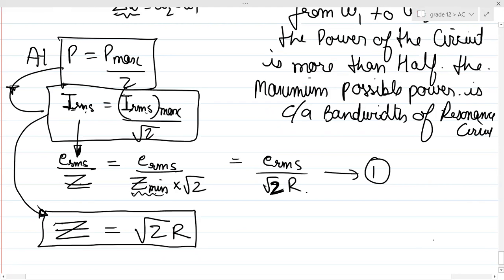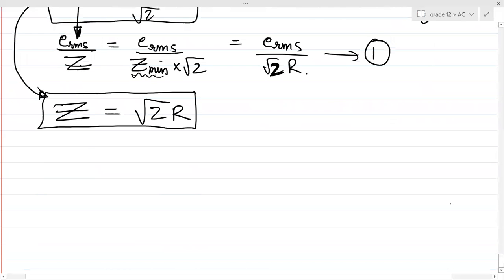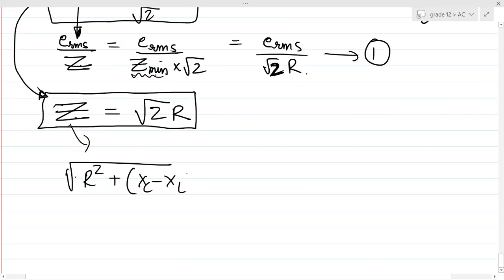So now from here, if I have any circuit, so can I write this thing as Z as under root of R square plus XC minus XL whole square is equals to root 2 times of R?